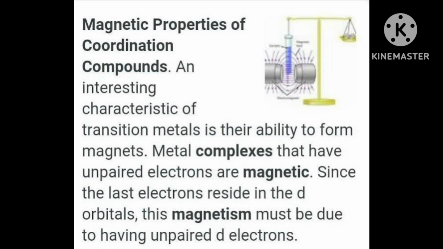What is the explanation? Inner means inner d orbitals take part. Inner orbital complexes involve d2sp3 hybridization.